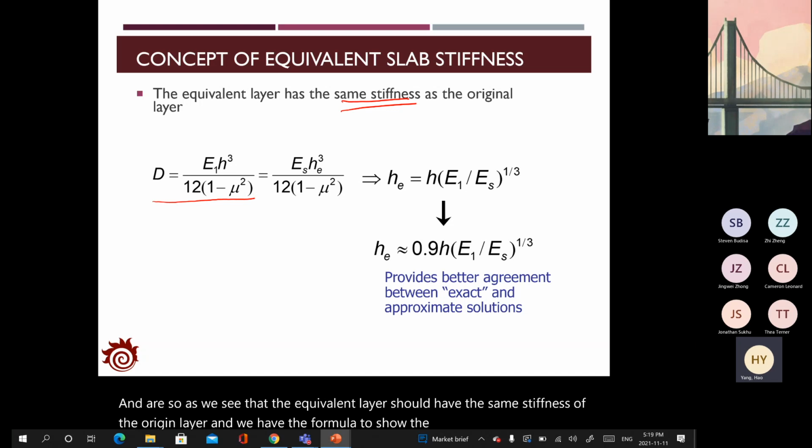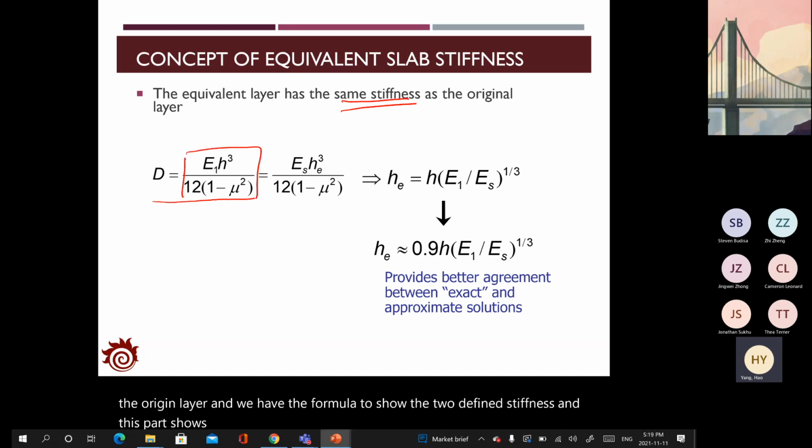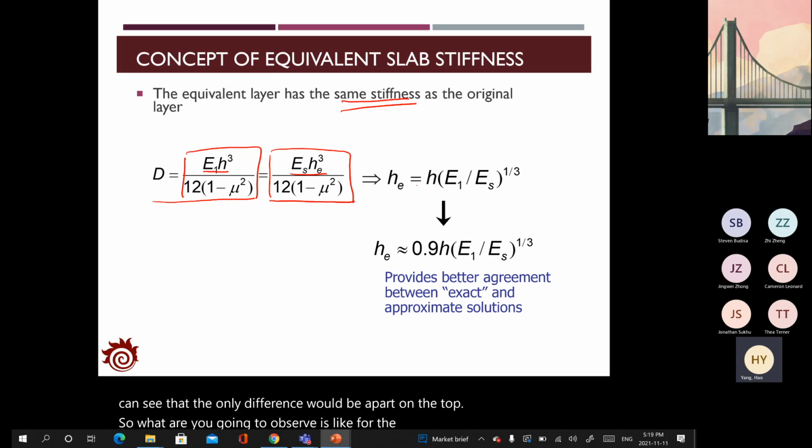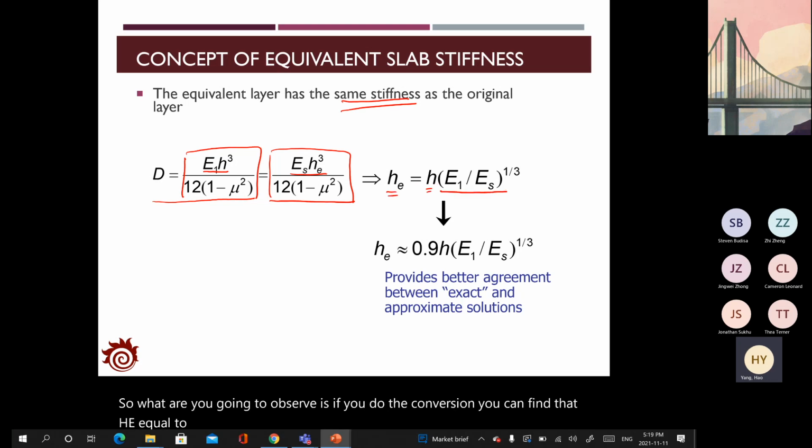This part shows the estimation of the stiffness for the original structure, and this part shows the estimation for the equivalent structure. The only difference is the part on the top. So if you do the conversion, you can find that HE equals H times (E1 divided by ES) to the power of 1/3.